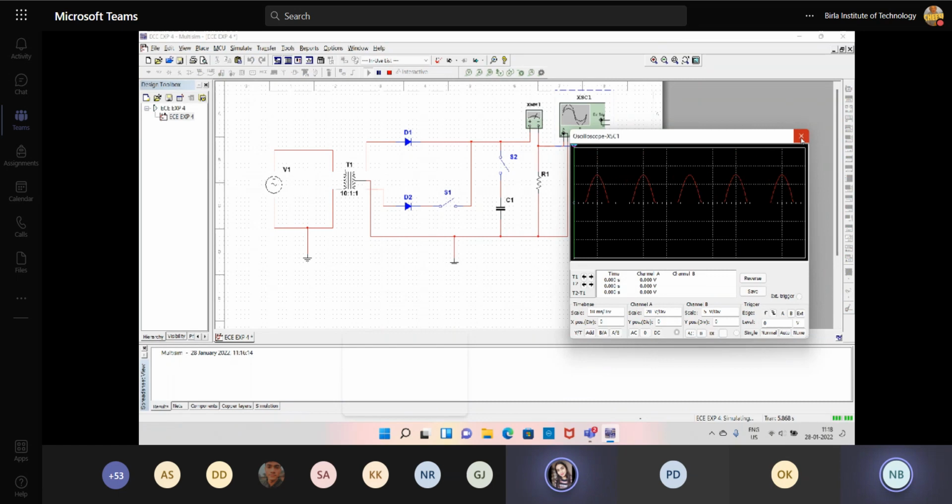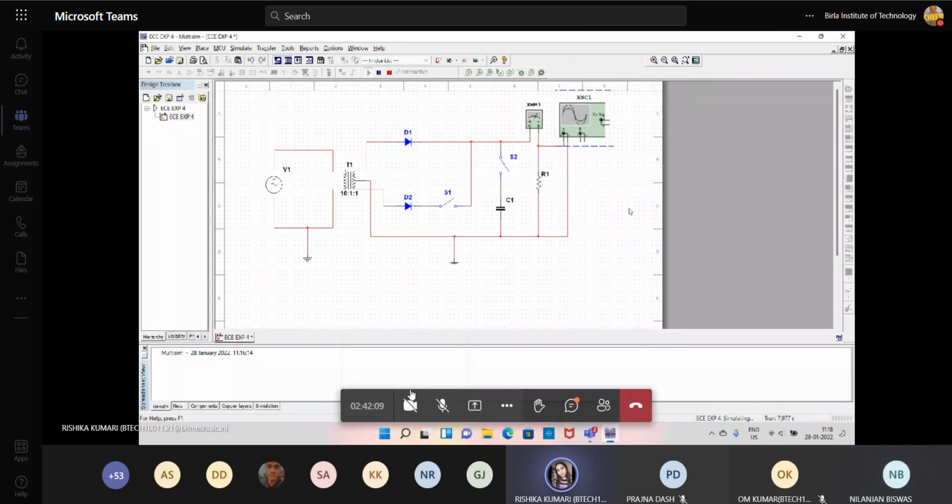Yes. And also you can add terminal B of that oscilloscope with that input, so you can plot both the input and output in a single window. The positive terminal of B will be added before D1, that is the diode, and the negative terminal will be added to the ground.